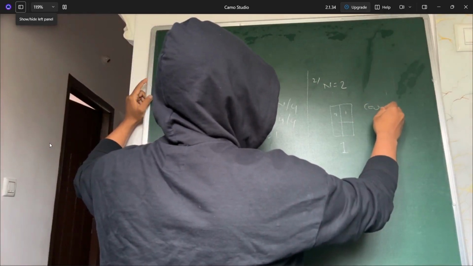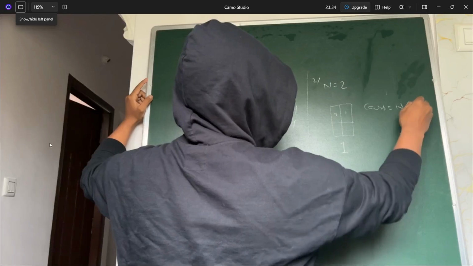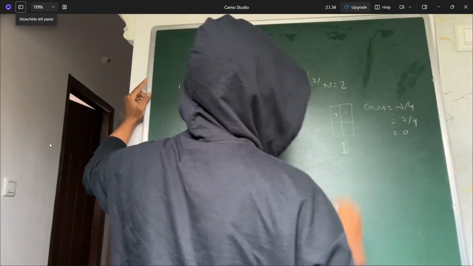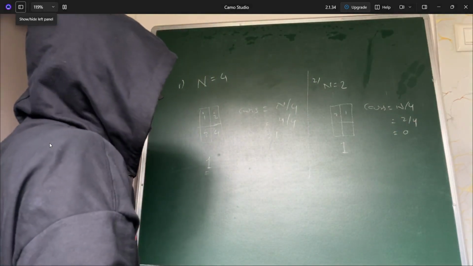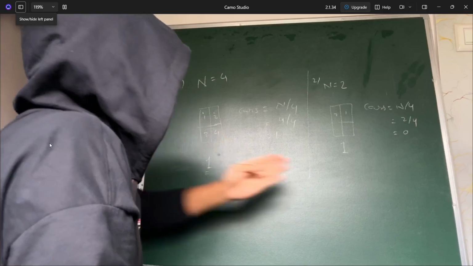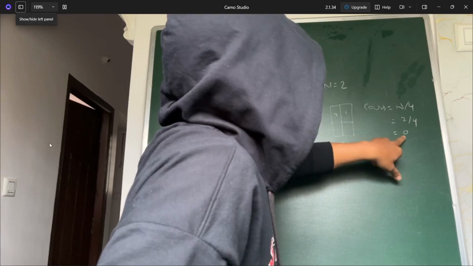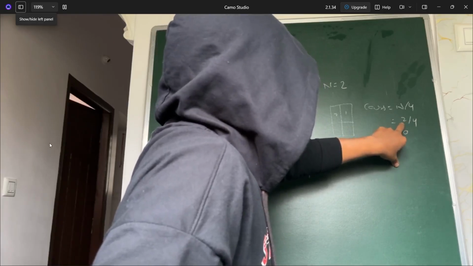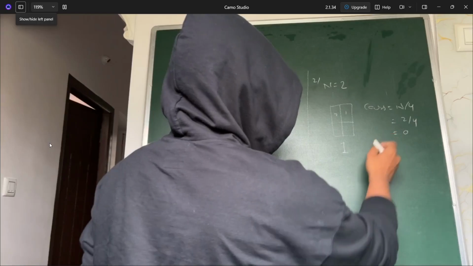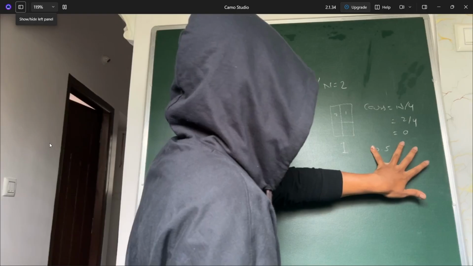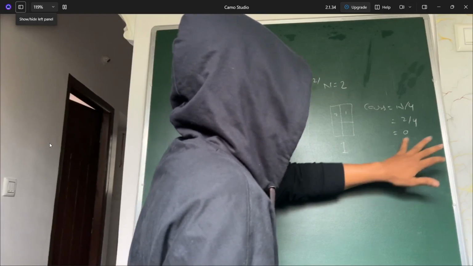In this case, if you see, cars is equal to n by 4, which is 2 by 4, which comes out to be 0. This is very strange, right? We need one car, but in mathematics 2 by 4 will be 0. I'm doing integer division. If you try to do floating point, that will be 0.5, but I'm doing integer division, so our answer will be 0.